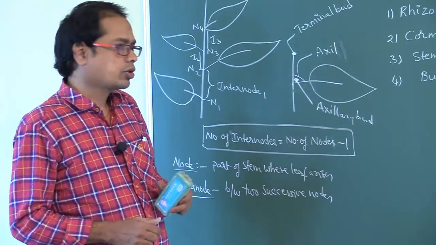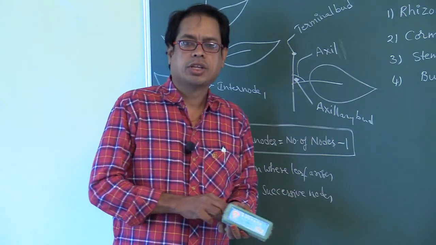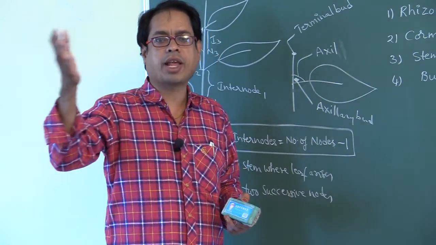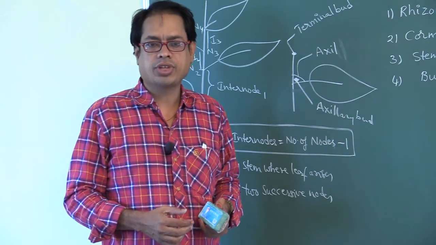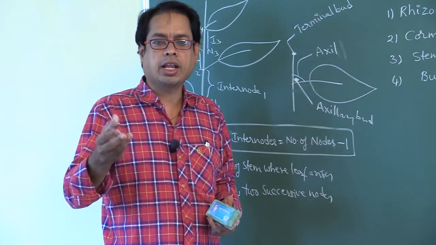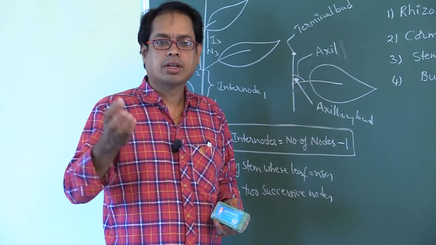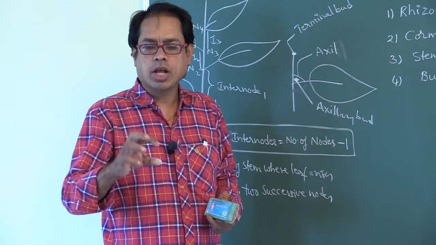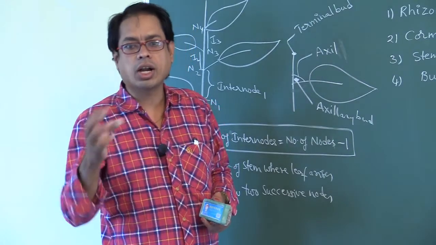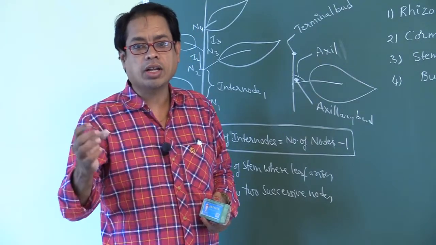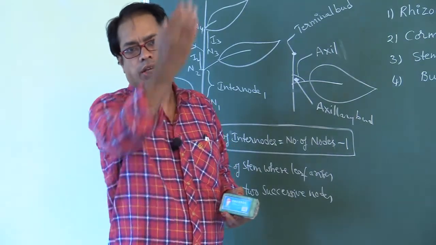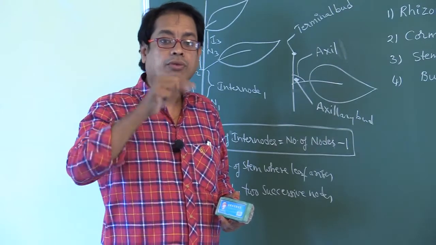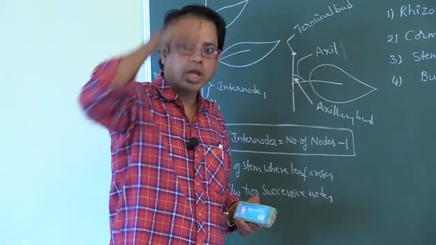Okay. So what are the functions of the stem? The main function of the stem is spreading out branches, which bear leaves, flowers, fruits, seeds, etc. The stem is also useful for conduction of water from root to the aerial parts of the plant body, and conduction of food materials from leaf to the root.